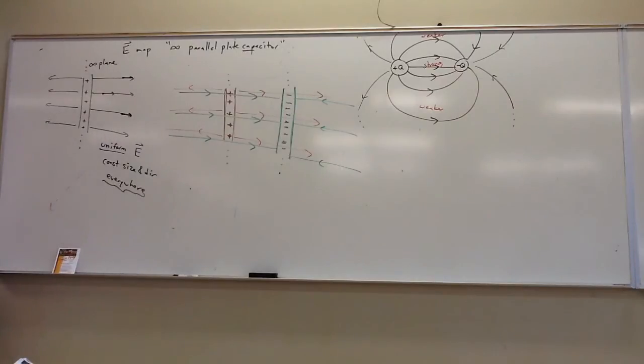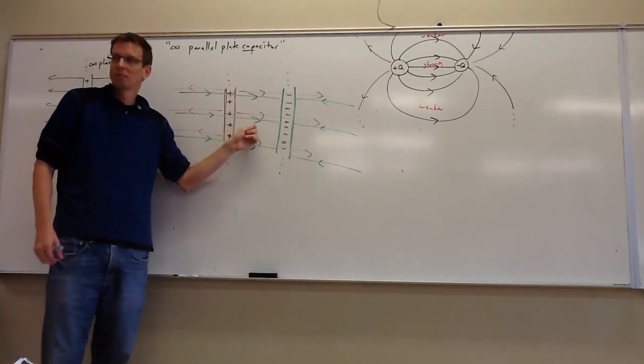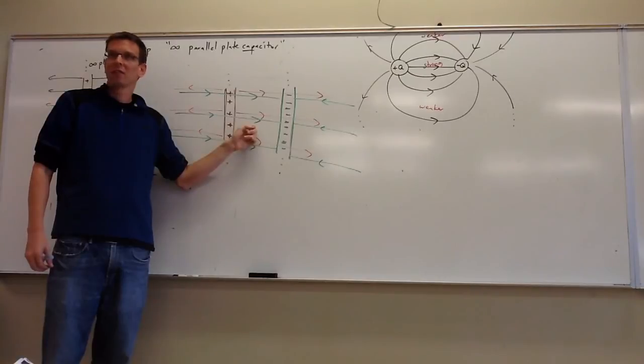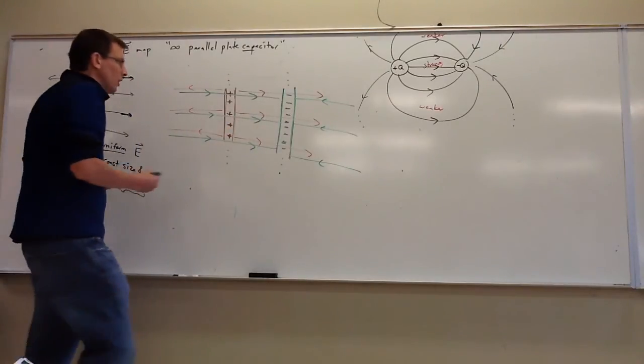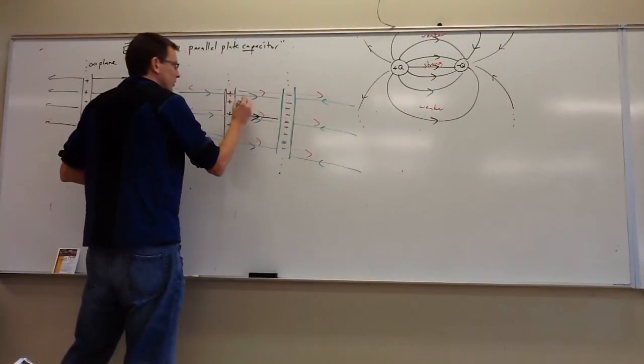So what happens with the electric field between the two plates or planes? Does it reinforce or cancel? Reinforce. Is the field going to be uniform still? Yeah, two uniform fields make a stronger uniform field. So the net electric field goes like this.